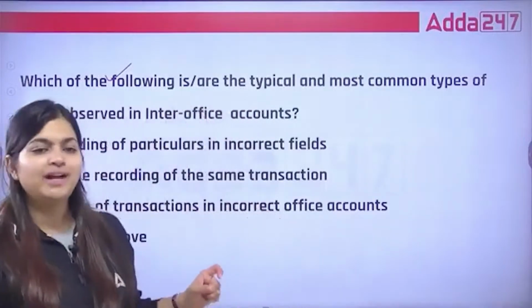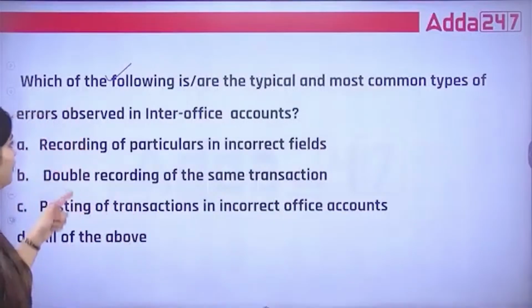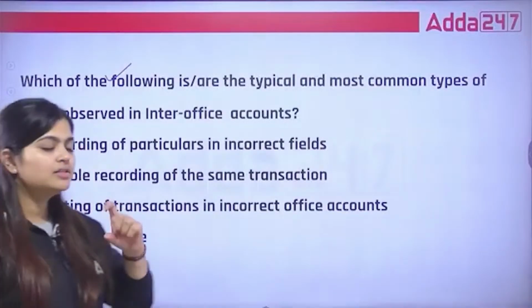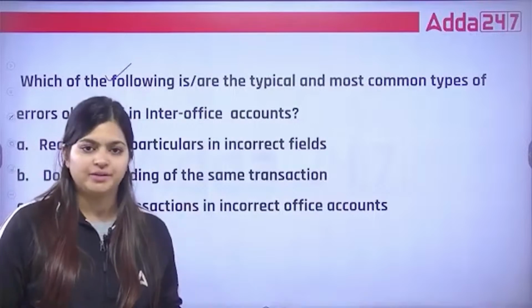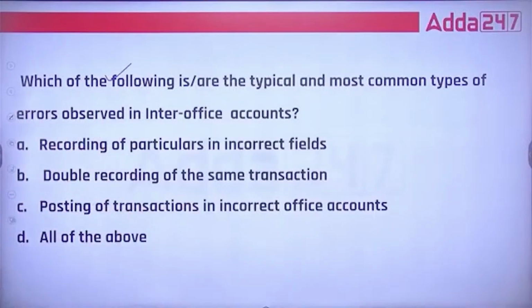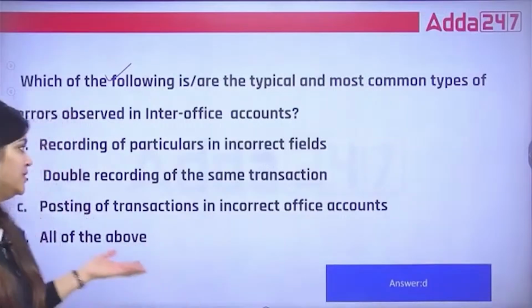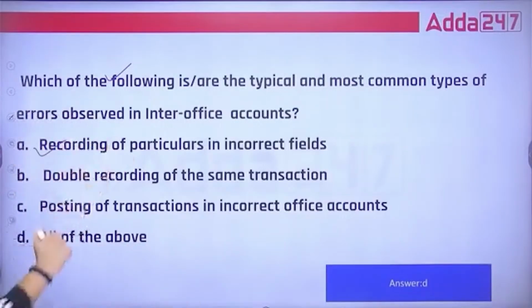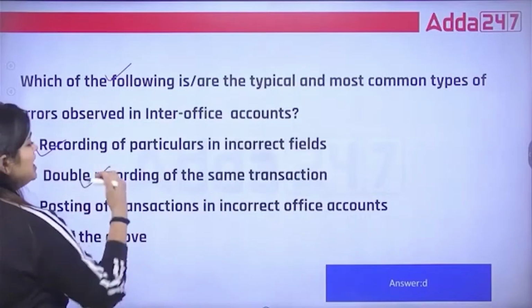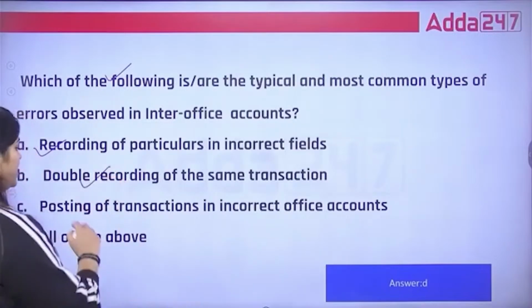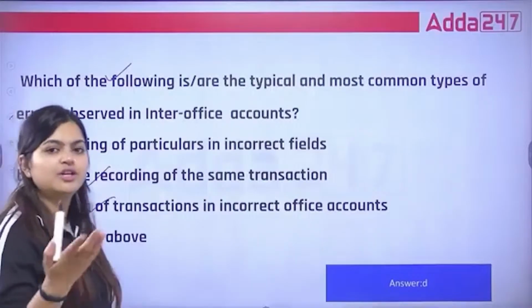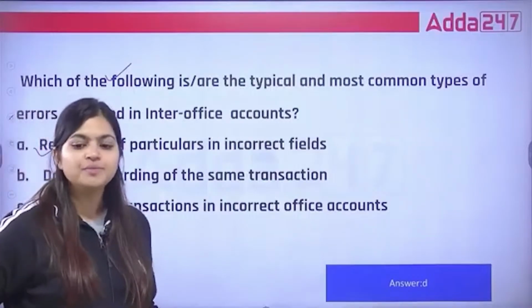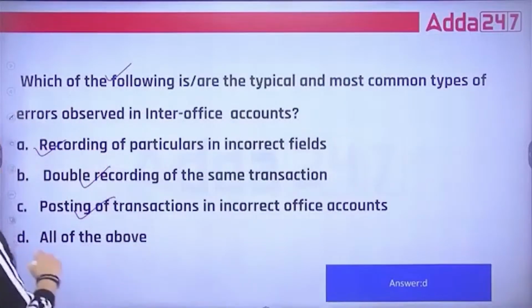So you need to identify which of the following is the most common type of error you can see in inter-office accounts. So the correct answer is again going to be answer D, because you can see the error in recording of particulars in incorrect fields. Yes, double recording of the same transaction you can see, posting of transactions in incorrect office entries. So all these are correct options. So the correct answer is answer.